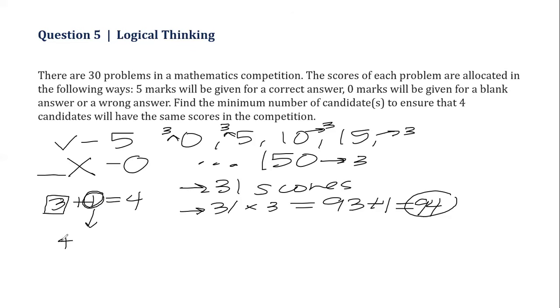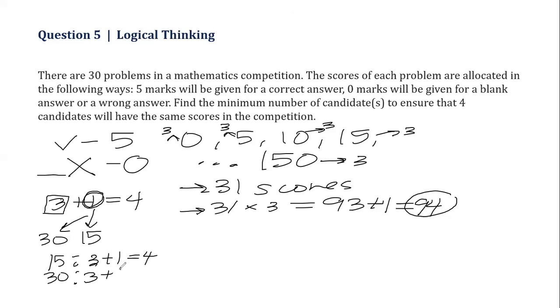So let's say this student got 15. Since we know that there are already 3 students that got 15, we can just add 1, and now we know that there are 4 students that got a score of 15. Similarly, if they got a score of 30, we made sure that there are 3 students that got a score of 30.